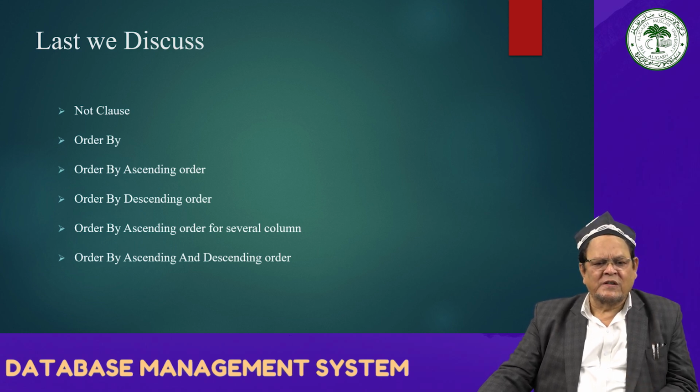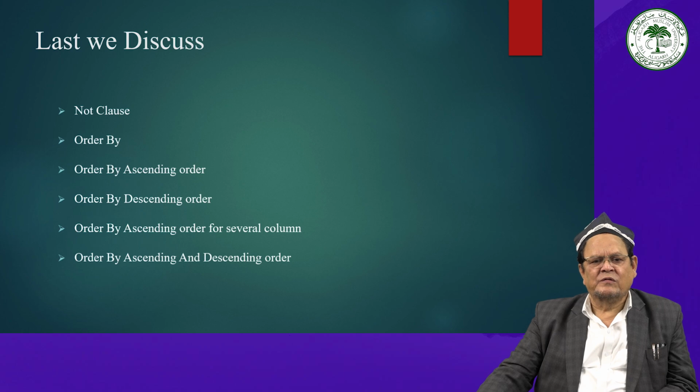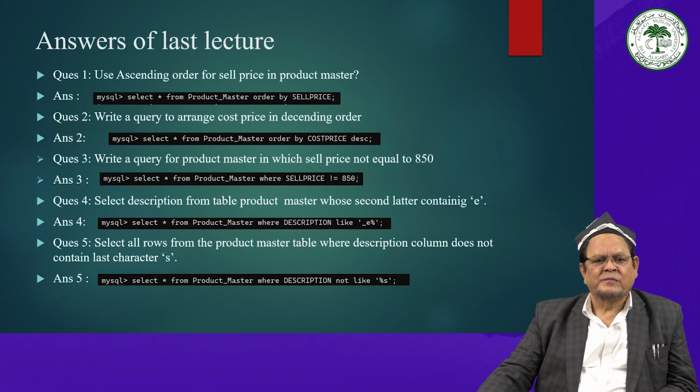Also, we have already discussed ORDER BY ascending and descending both, and the WHERE condition we can add. So these are the commands which I discussed in the last lecture.